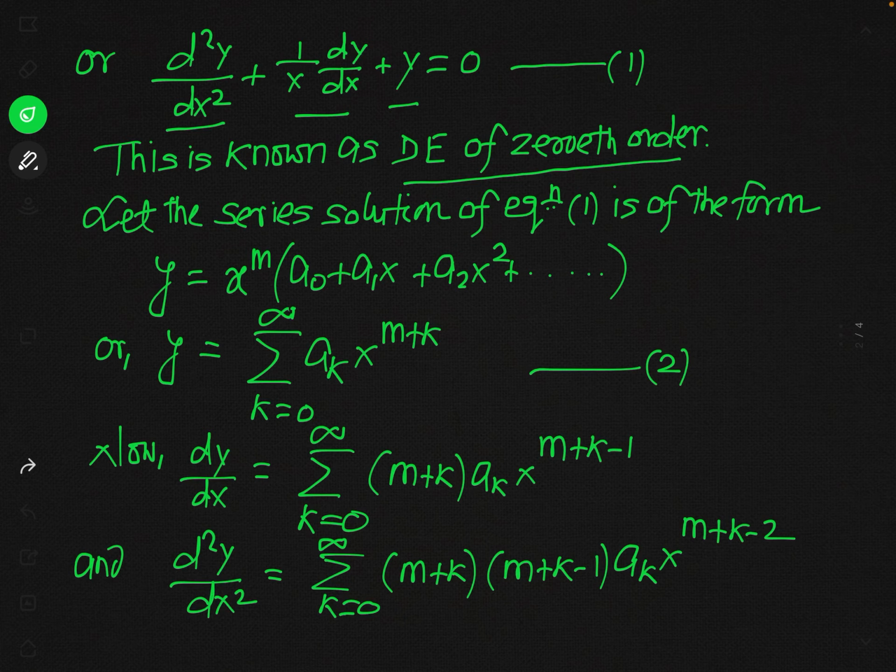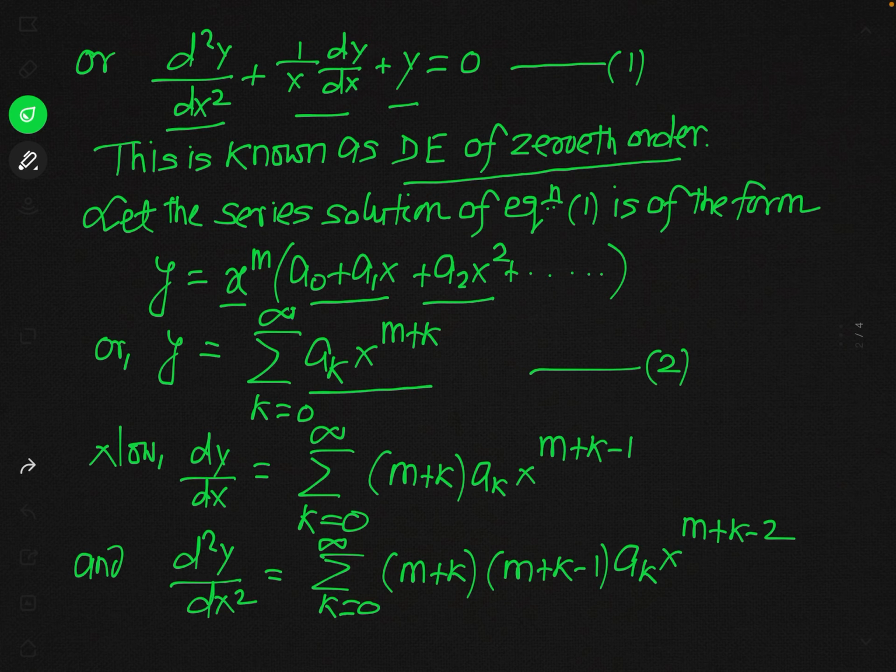We can write the series solution in the form of a series of ascending powers of x, so y equals x to the power m times (a0 plus a1 x plus a2 x squared and so on). In compact form, y equals summation over k from 0 to infinity of ak x to the power m plus k, as we have seen this type of solution many times earlier.